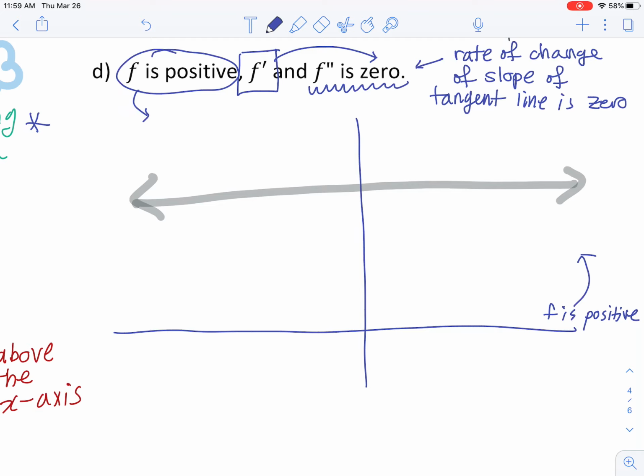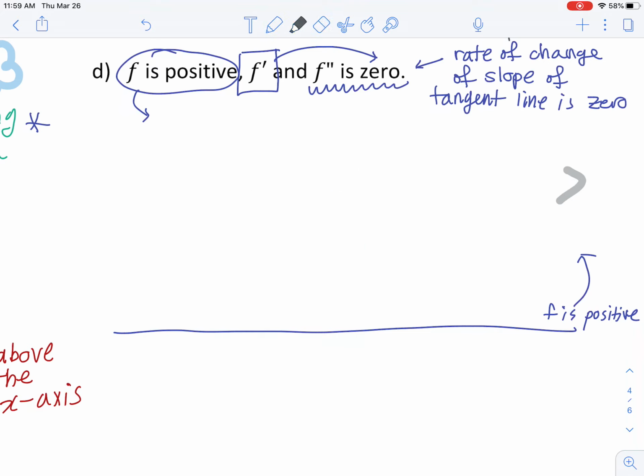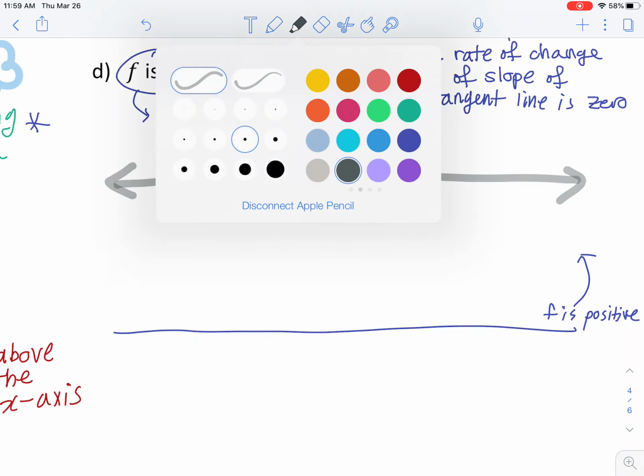So basically what they're saying is the tangent line for each of these points on this line is going to remain the same. A tangent line at this point, at that point, at that point is not changing.